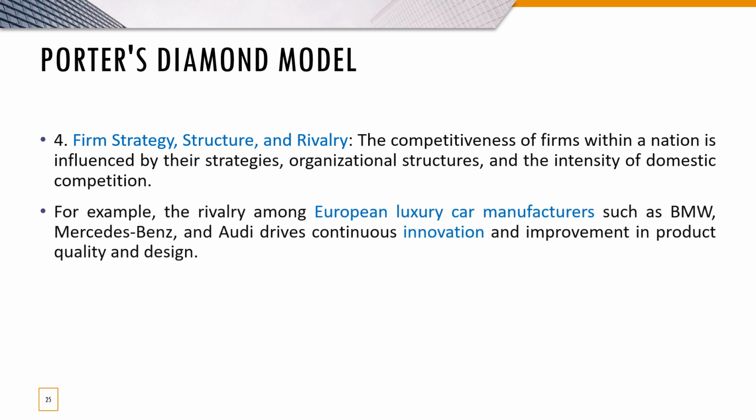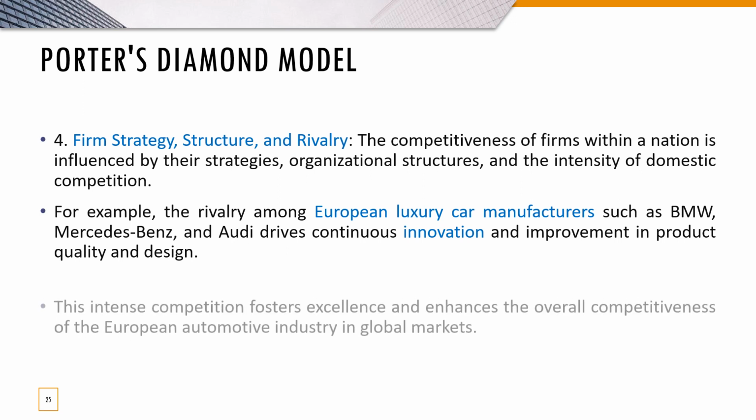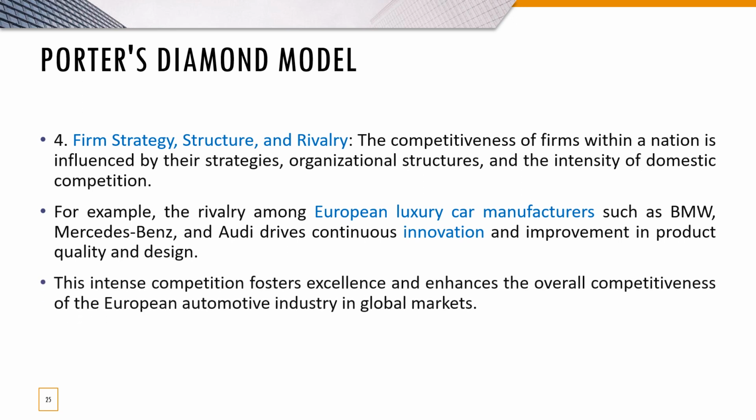For example, the rivalry among European luxury car manufacturers such as BMW, Mercedes-Benz, and Audi drives continuous innovation and improvement in product quality and design. This intense competition fosters excellence and enhances the overall competitiveness of the European automotive industry in global markets.